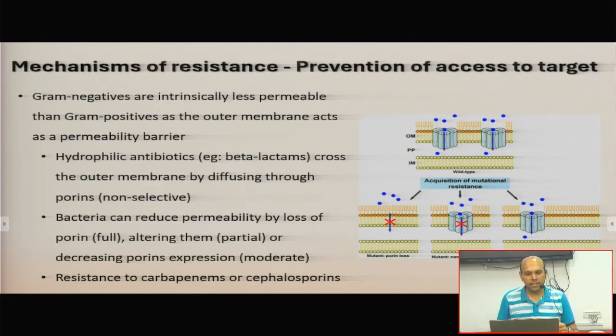You have the drug, blue in color, the outer membrane, OM, the periplasmic space, PP, and the inner membrane. In the first one, where it says mutant porin loss, you can see that the porin channel is being lost.